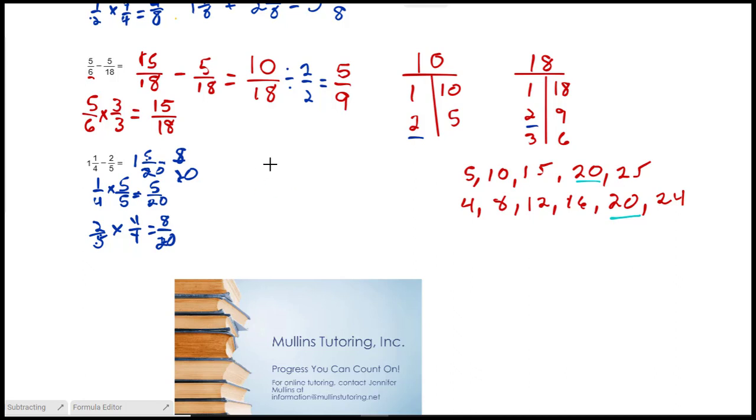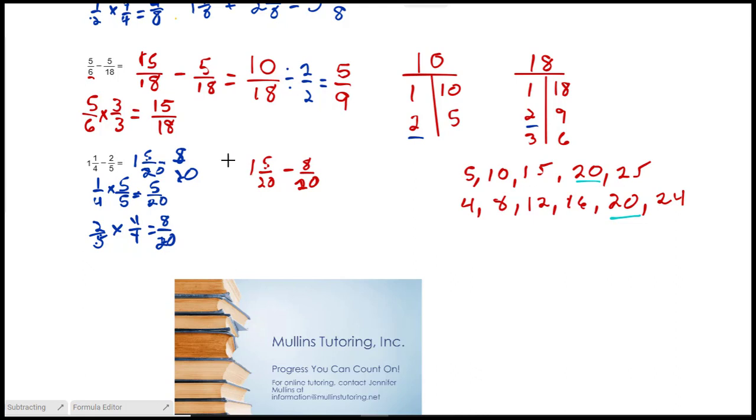Change colors. So I have 1 and 5/20 minus 8/20.